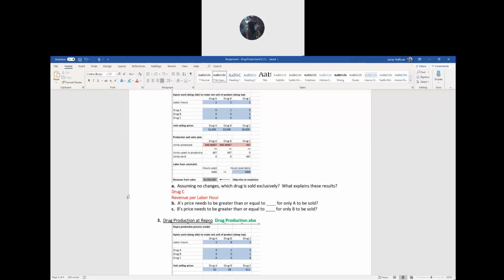And let's calculate the revenue per labor hour for drug C and see what that is.